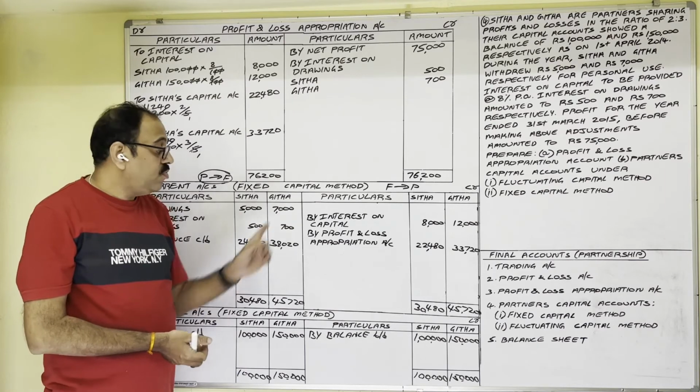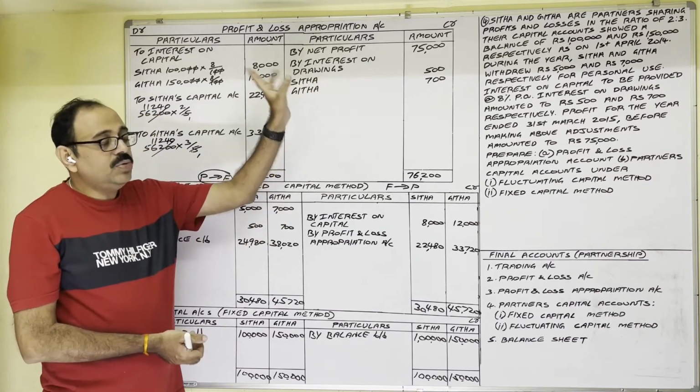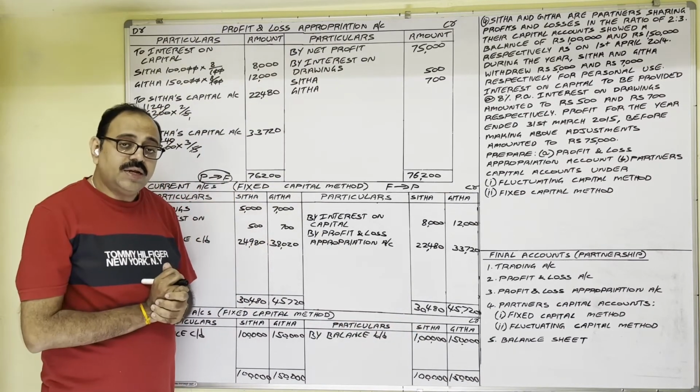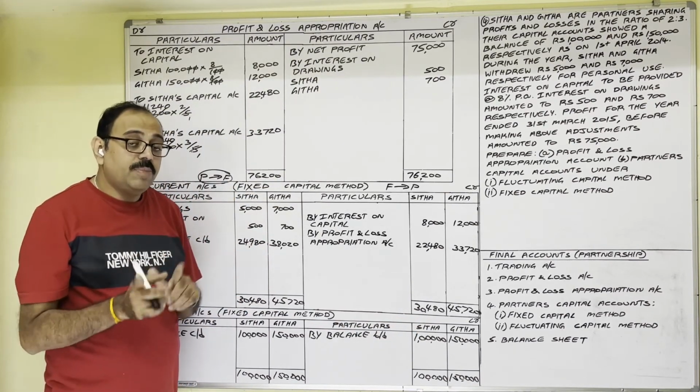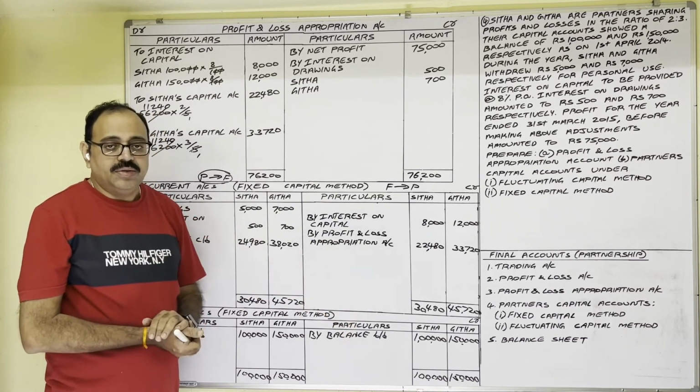When firms follow the fixed capital method, suppose partners want to share the profits and losses in their capital ratio. In that case, opening and closing capital should be same. That is why they follow fixed capital method.